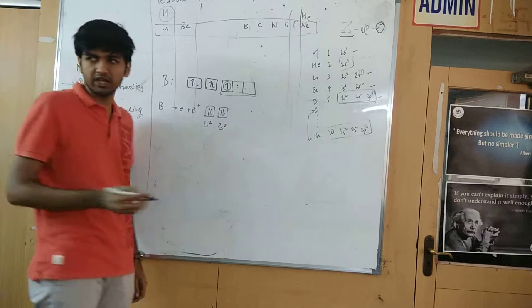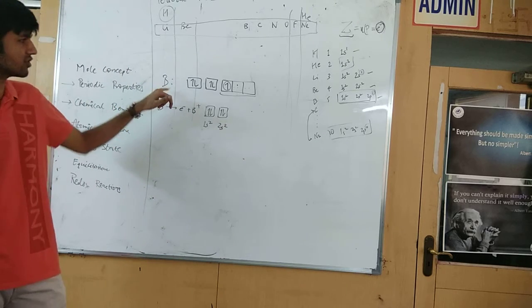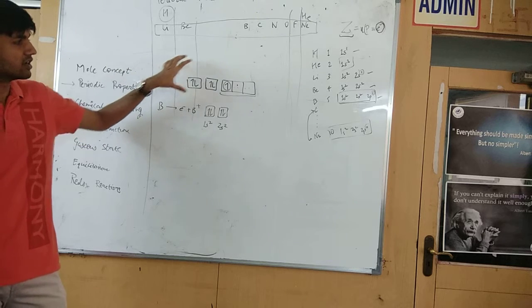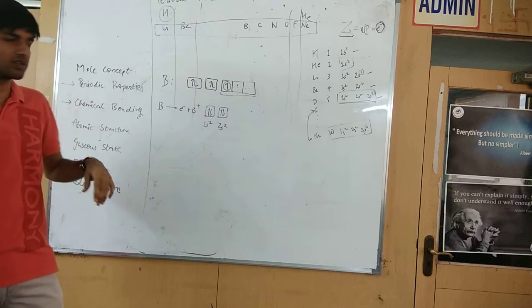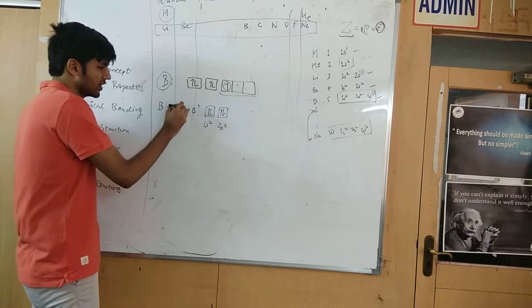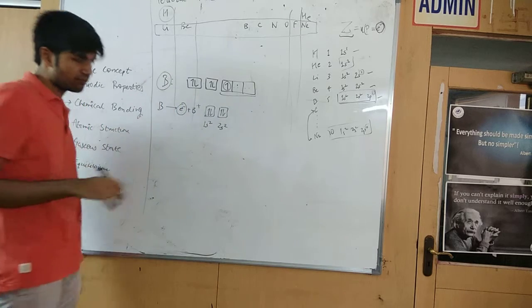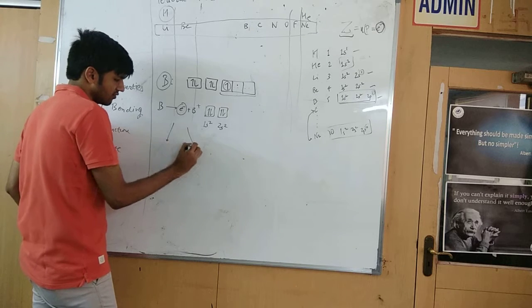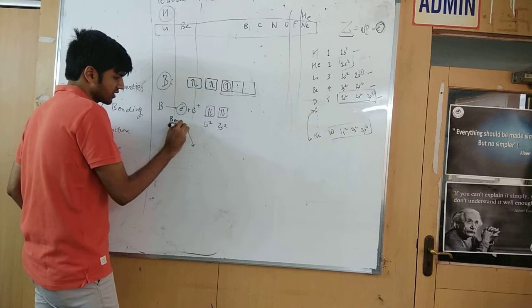But generally atoms do not do that, because atoms of this smaller size cannot hold 5 more electrons, because the size is very small. So what it can do is donate 1 electron. So there are very different kinds of donation. On that, we can see which kind of bonds can happen.